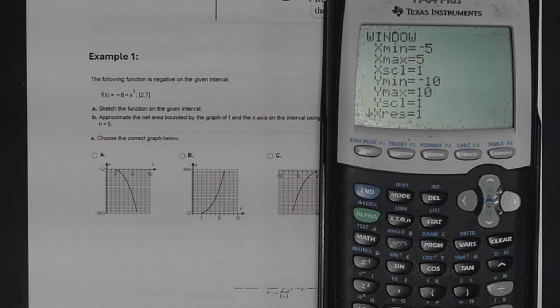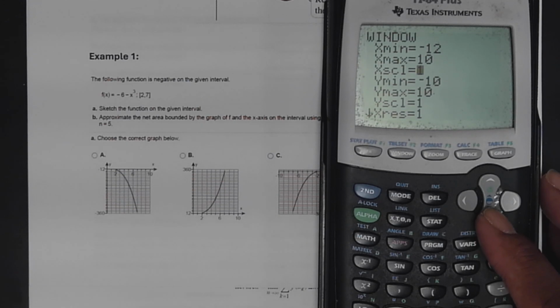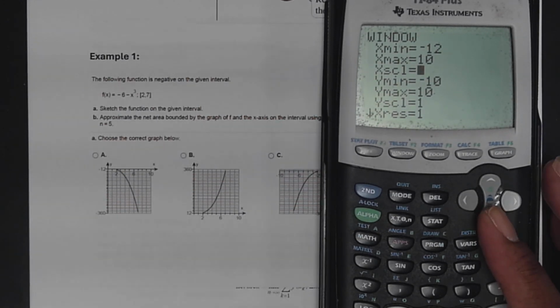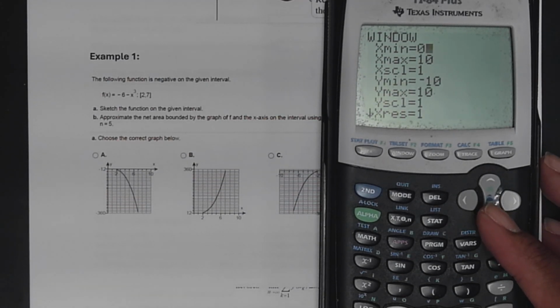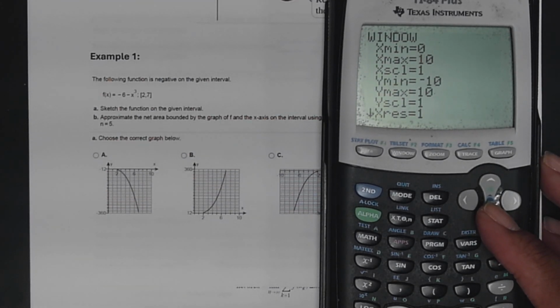And if I'm looking at this, I'm pretty much going to be going from negative 12 to 10. Let's try that one. Negative 12 for the x-min. X-max will be 10. I'm sorry, let this be 0. X-min will be 0. X-max will be 10. X scale will be 1.